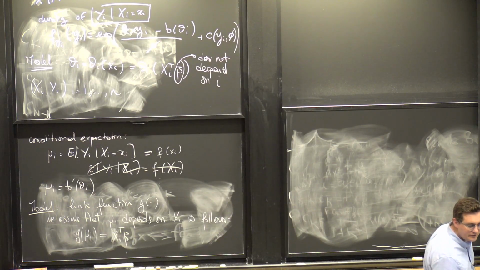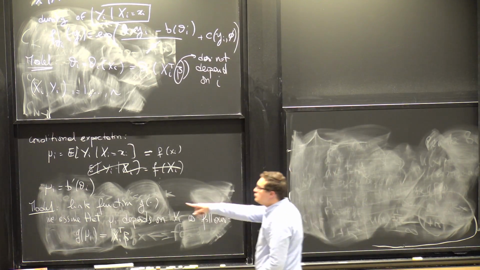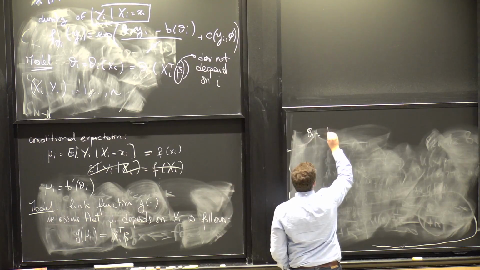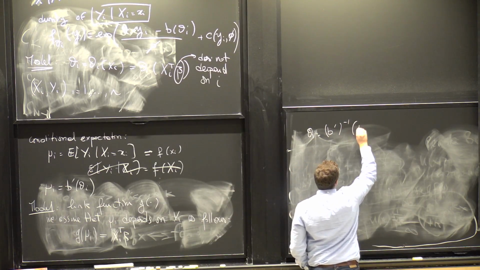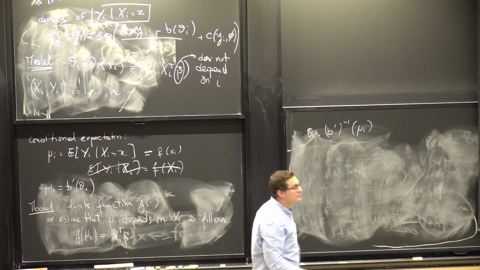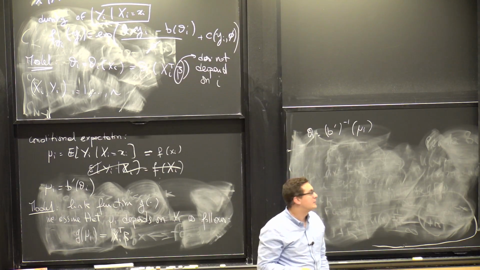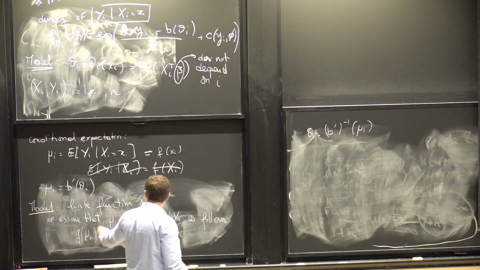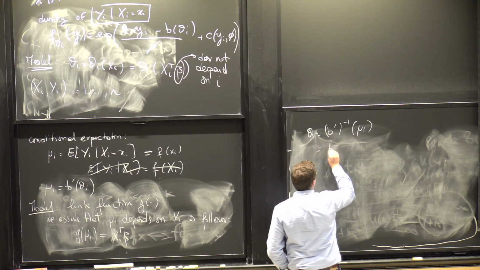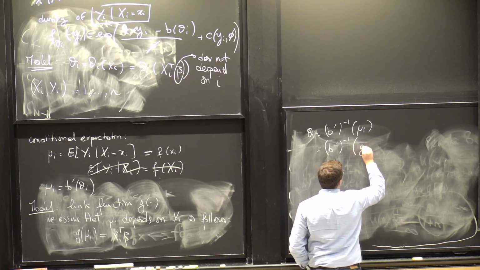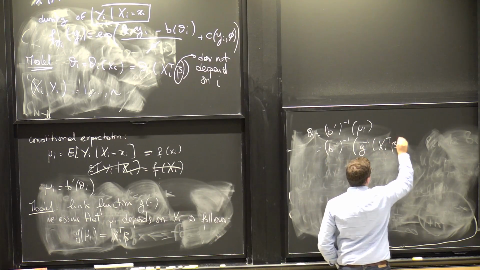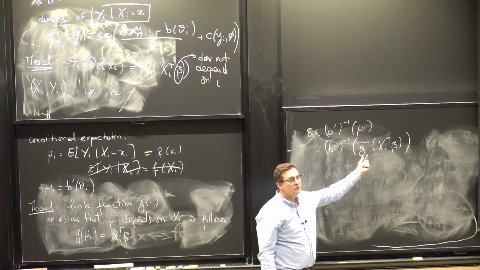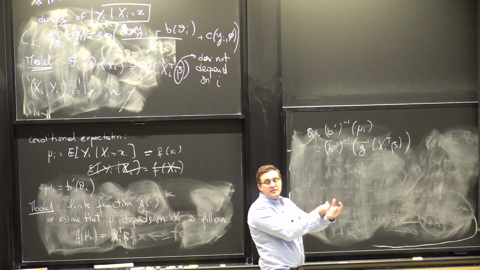And I actually have access to all of this. So what I know is that mu is b prime of theta, which means that theta_i is b prime inverse of mu_i. That's what we got from setting the derivative of the log likelihood equal to 0. I invert it. And now I know that mu_i is g inverse of x_i transpose beta. So this composition of b prime inverse and g inverse is actually just the inverse of the composition of g with b prime.